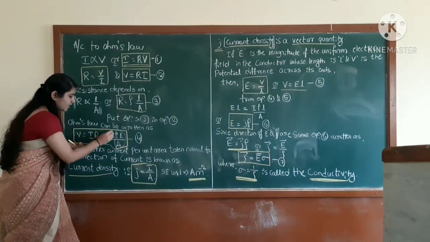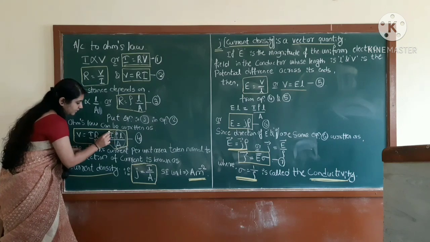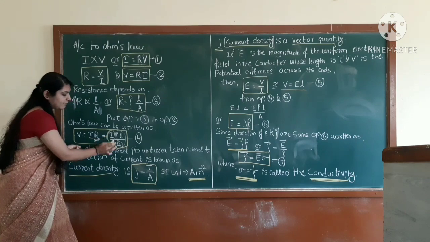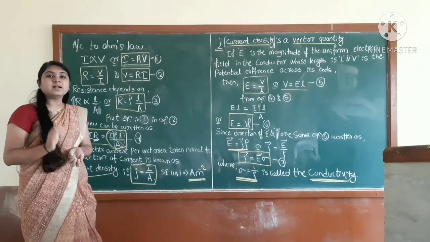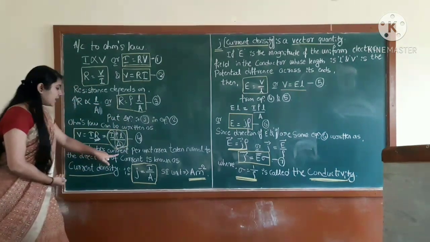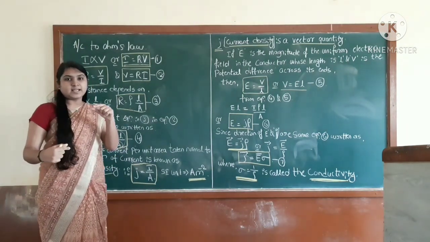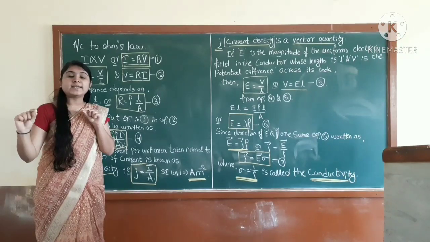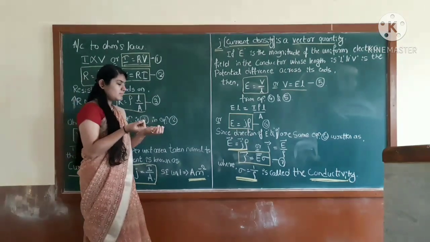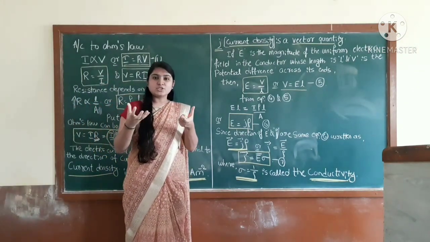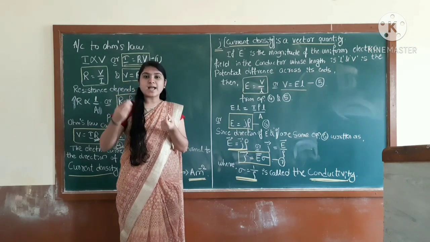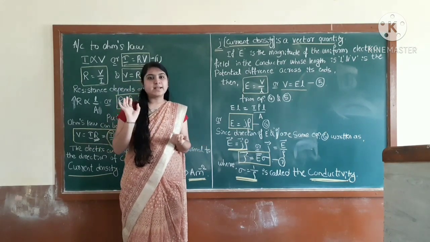Here this current I divided by A is nothing but the current density. The electric current per unit area, both normal to the direction of the current, correct? So it is nothing but the amount of charge per unit time per unit area, that we can call the current density.